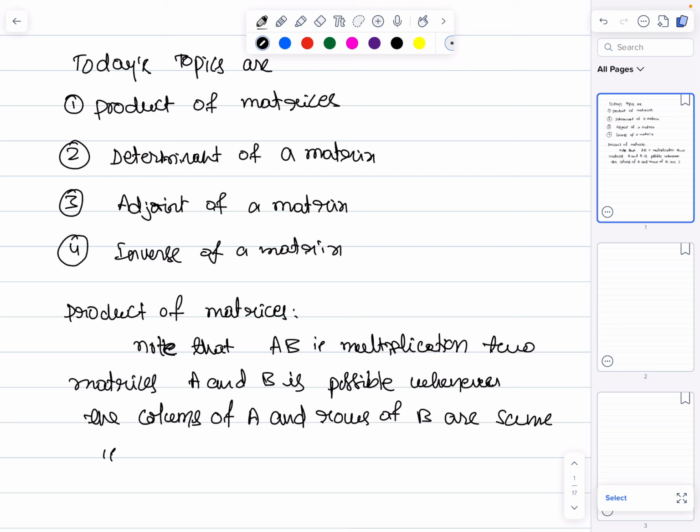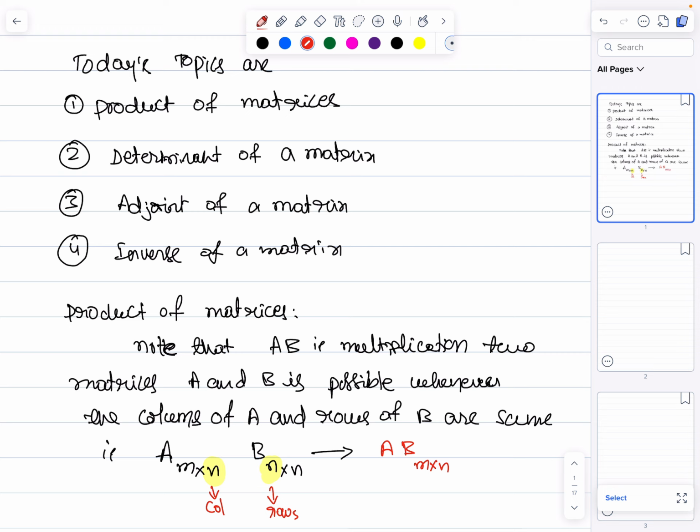That is, A is some m by n matrix and B is some n by p matrix. Since these n's, the columns of A and rows of B, are matching, therefore AB is possible. The output AB is an m by p matrix.